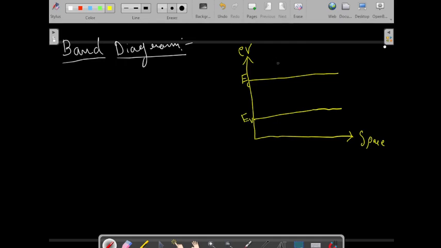This is the conduction band, and this is the valence band, and this gap is the band gap, EG, equal to EC minus EV.